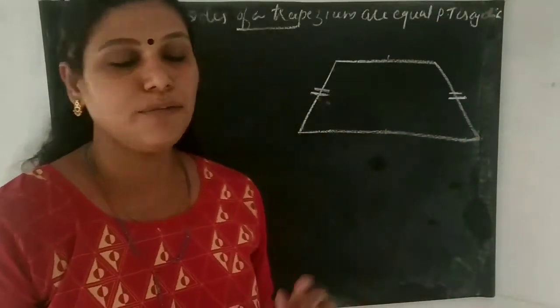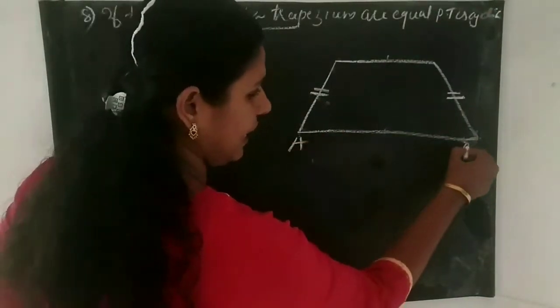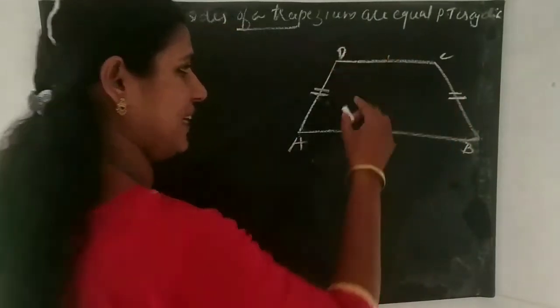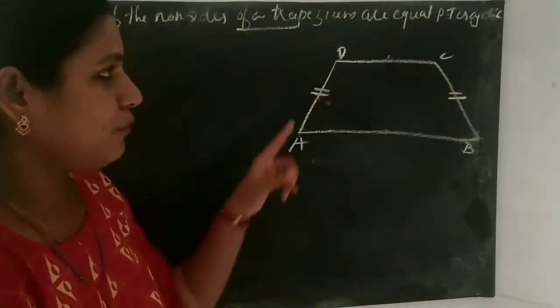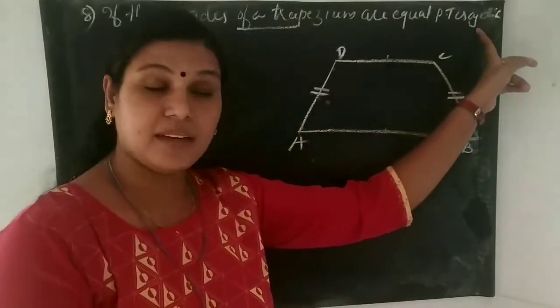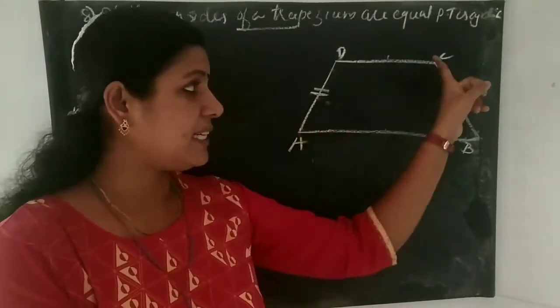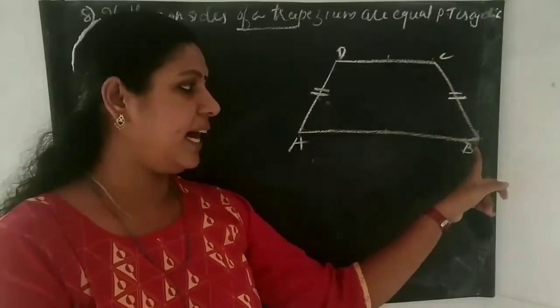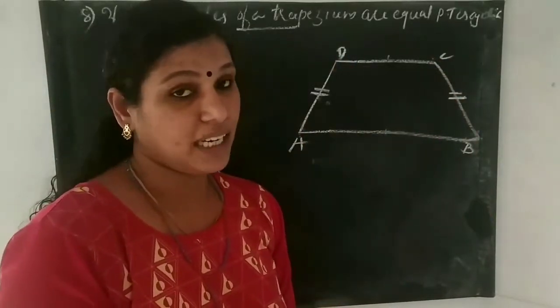For that, first we name this A, B, C, D, as usual. For proving this cyclic quadrilateral, we can prove angle A plus angle C equal to 180 degree and angle B plus angle D equal to 180 degree. What is the condition of cyclic quadrilateral?